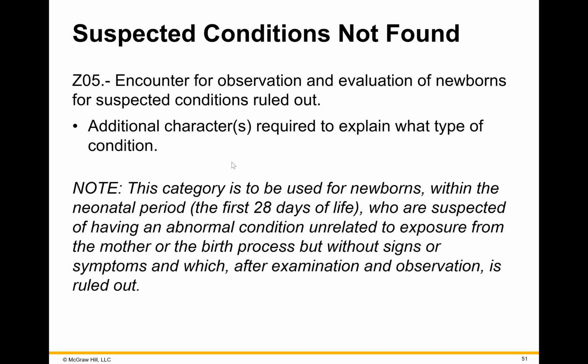Now we have observation codes. So if a baby's being evaluated for something, it will be a code used from the category Z05, Encounter for Observation and Evaluation of Newborns. And again, it's only used for newborns. When does the newborn period start? It goes from birth up to and including the first 28 days of life.